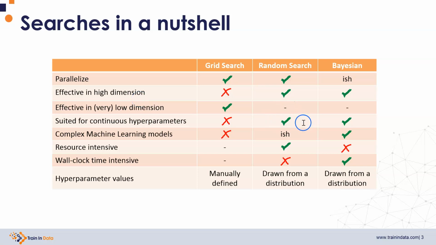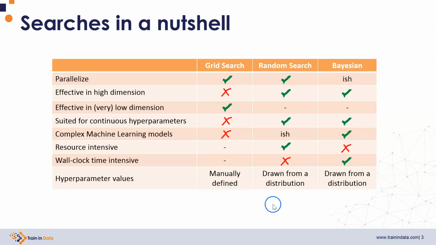Both random search and Bayesian optimization are suited for continuous hyperparameters, as well as categorical and discrete, but grid search is not. And this is because the hyperparameters in grid search are defined by the user manually, so the user only inputs a certain number of different values per hyperparameter.